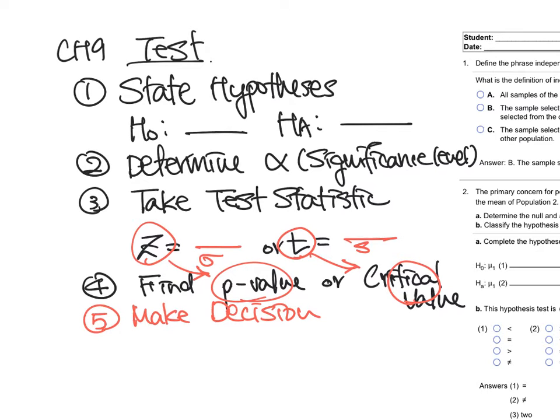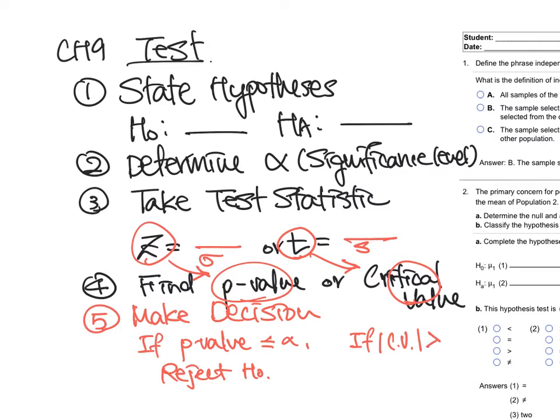If the p-value is less than or equal to the alpha, then reject the null hypothesis. But if the critical value is greater than the test statistic.